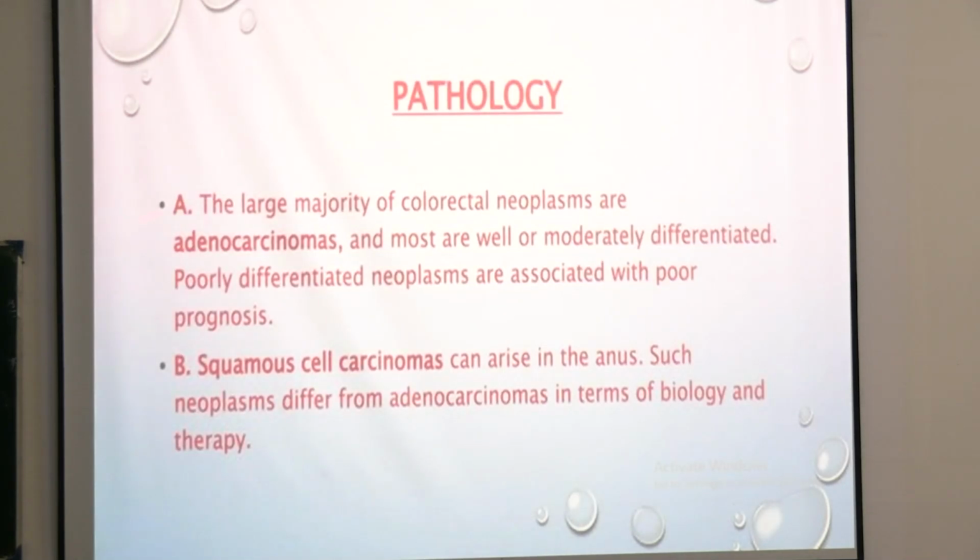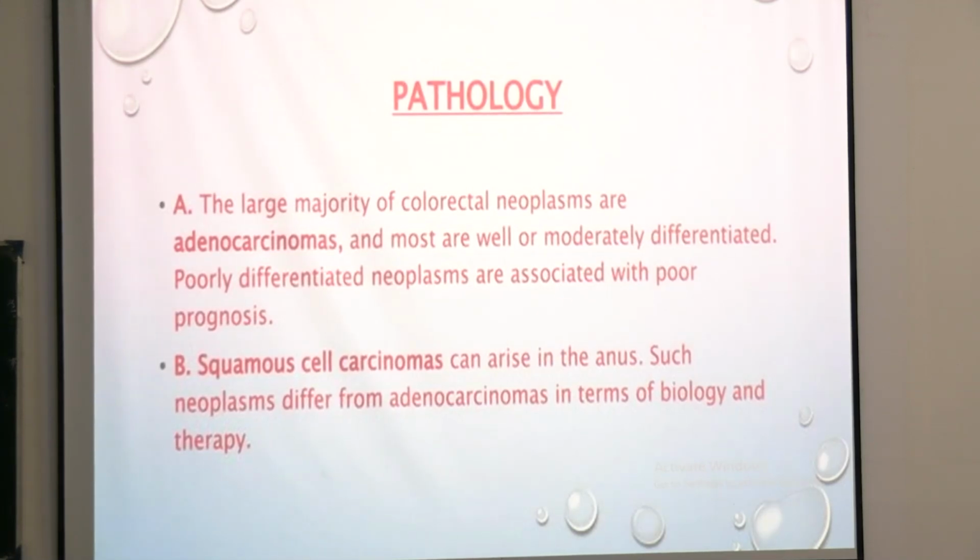Now, the pathology. The majority of the colorectal neoplasms are adenocarcinomas. There is a big WHO classification, but we have to remember the majority of these are adenocarcinomas. They arise from the lining epithelium.